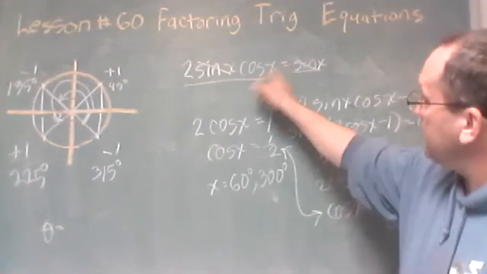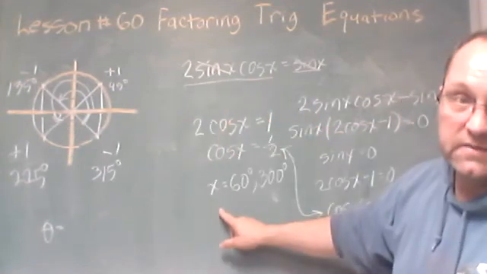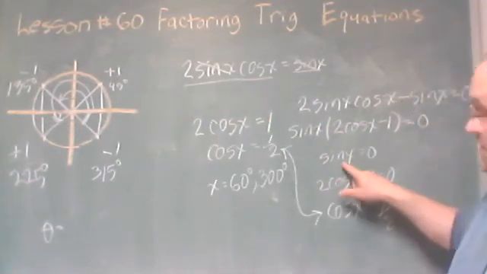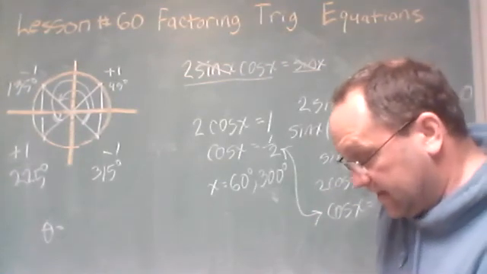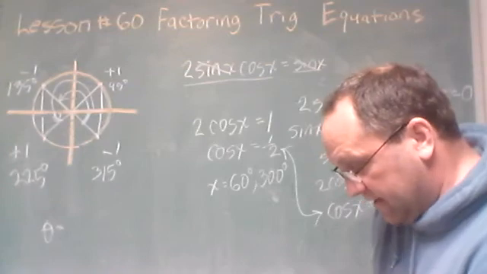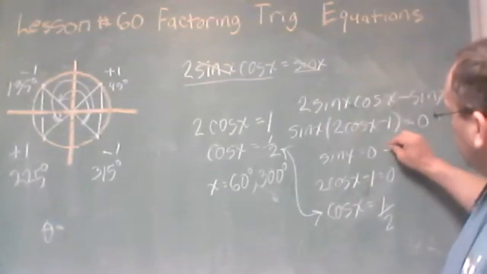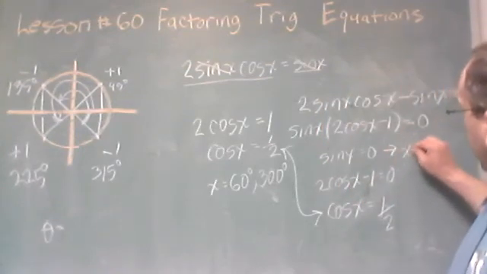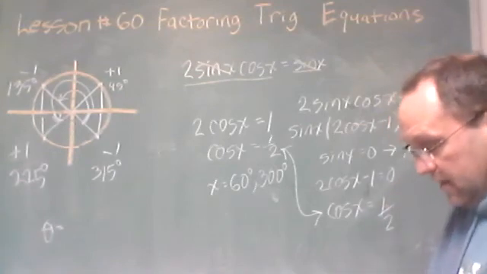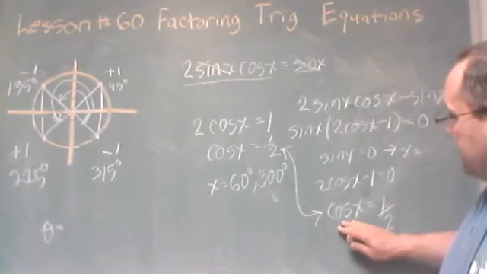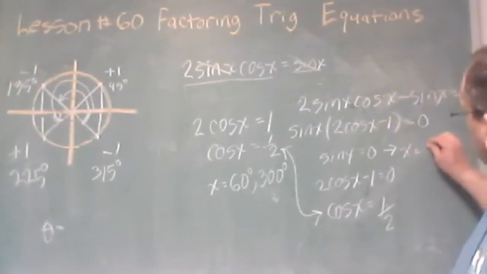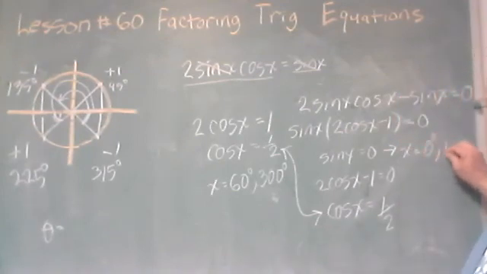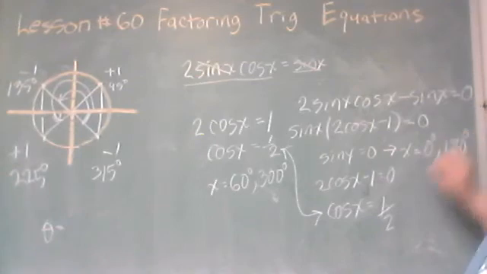But when we divided out the sine of x, what we don't have as a possible solution is this factor right here. That factor gives us 2 additional solutions, where x could equal, as well as 60 and 300, 0 degrees or 180 degrees.